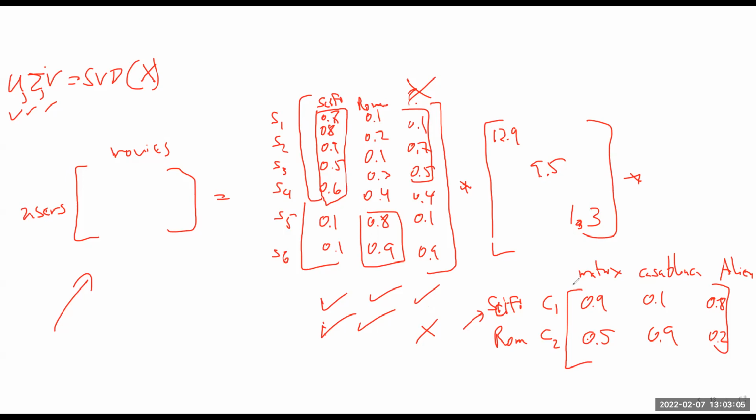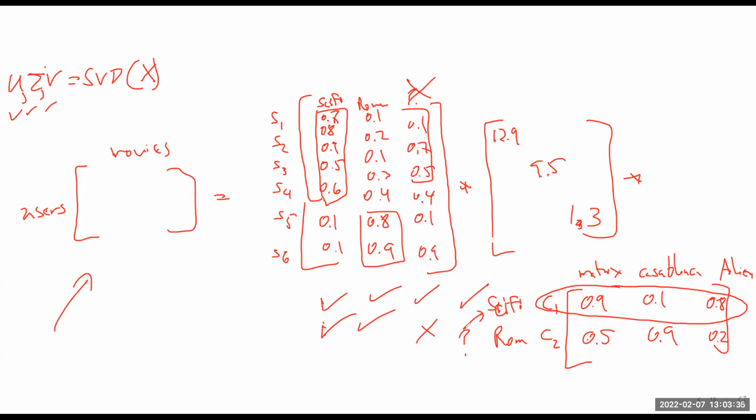That's right. So it creates this concept, right? And this is a sci-fi concept because Matrix is high, Alien is high, Casablanca is low. So then romance, actually Matrix was somewhere in the middle, Casablanca is 0.9, Alien is really low. So you see that of the two, this one is the more solid one. This one's a little bit more iffy, but still might.